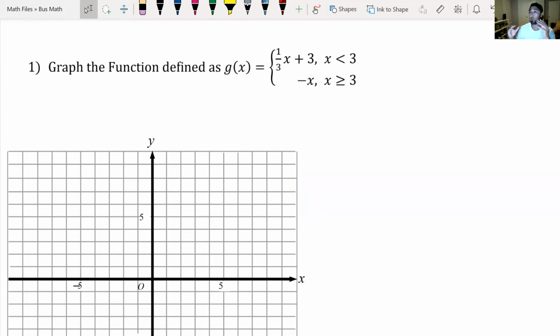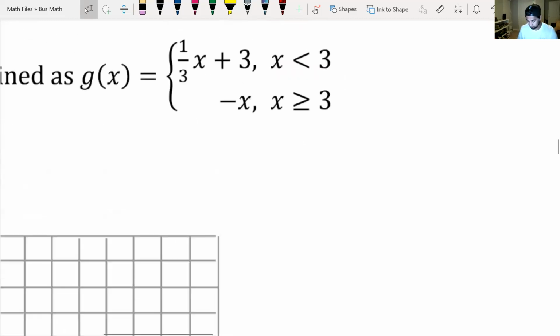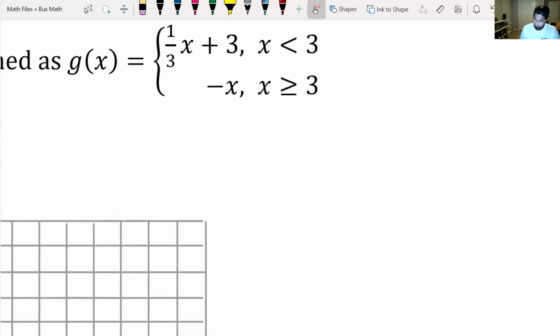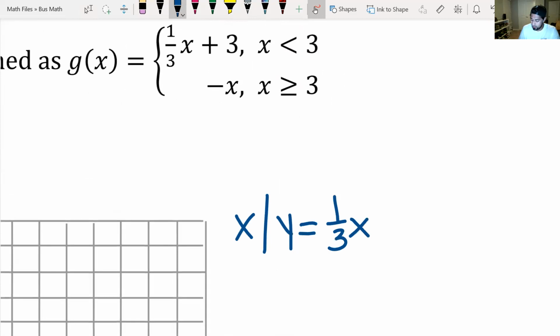Okay, so the way to graph a piecewise function is to make xy charts for each function. So here's what we're going to do. For the first one, I'm going to say x and y equals 1/3 x plus 3.